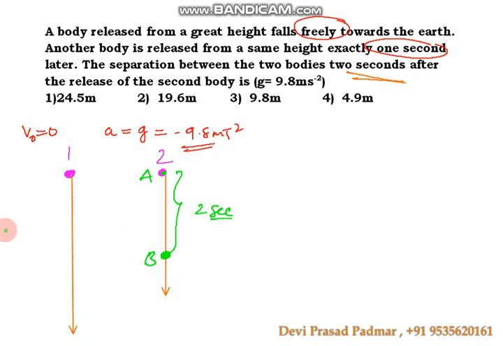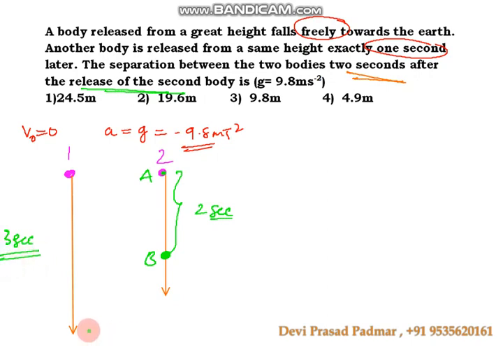How much time do you have for second body? As I said before, if this has 2 seconds, this must have 3 seconds, because first body is released 1 second, not 1 minute, 1 second before the release of second body. So to get the separation 2 seconds after the release of second body, you need to consider the distance traveled by this first body in 3 seconds.